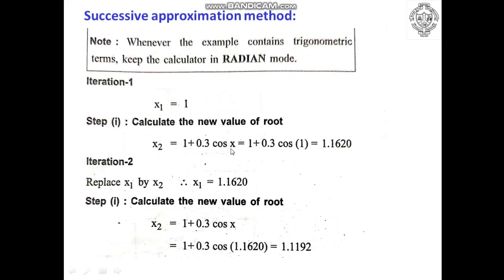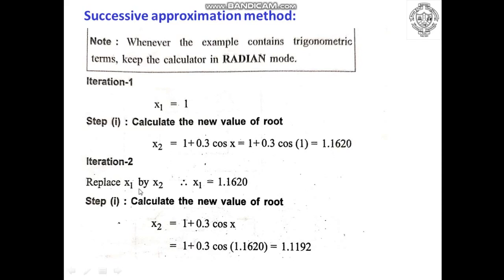Instead of x, put the value of x1, so that you get the value of g(x1), which is nothing but x2, because the function of the previous approximated root is nothing but the next approximated root. So 1 + 0.3 cos 1 will give you the answer 1.1620.